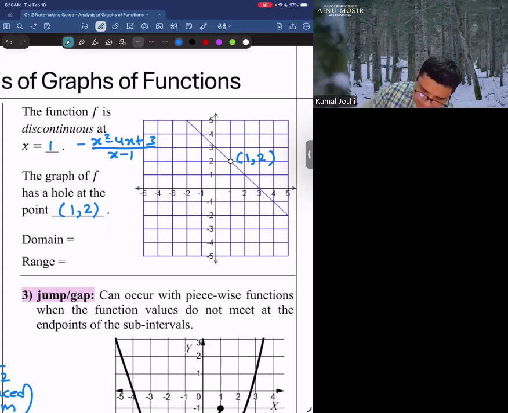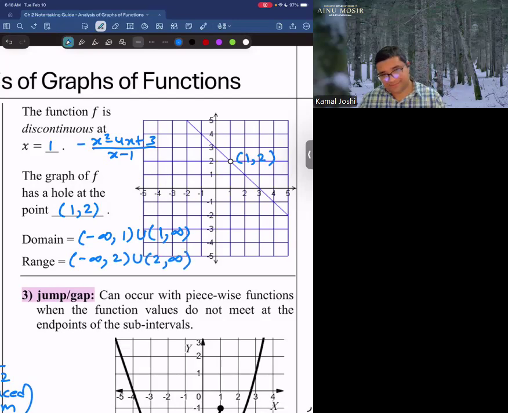And just like before, please write the domain and range. I hope you can see this more easily now. In the domain, 1 is missing. In the range, 2 is missing.